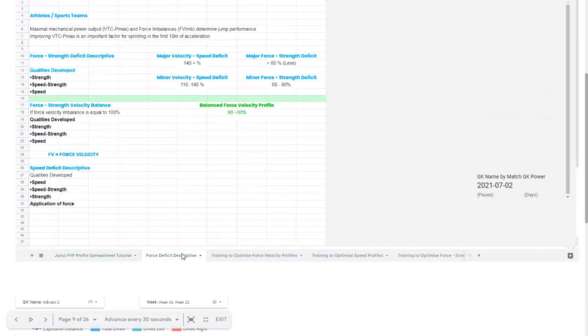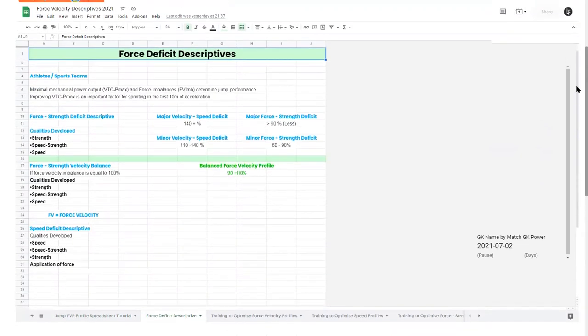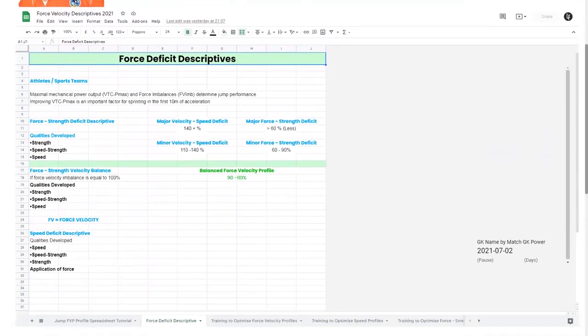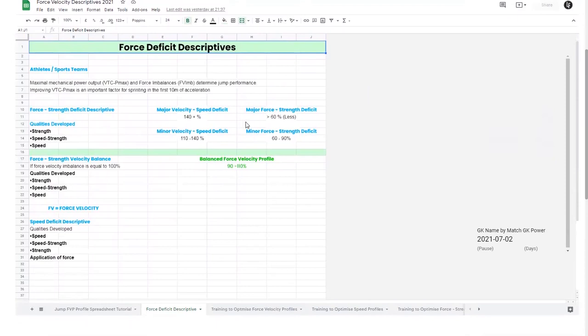Okay, so I'm going to look at some descriptives here. Depending on your results, whether you've got a major speed deficit or a minor one, or a major strength deficit or a minor strength deficit, again, these are just guides, and these are the qualities that you would need to develop, or whether you had a balanced profile, which means you just need to have a look at a little bit of everything.